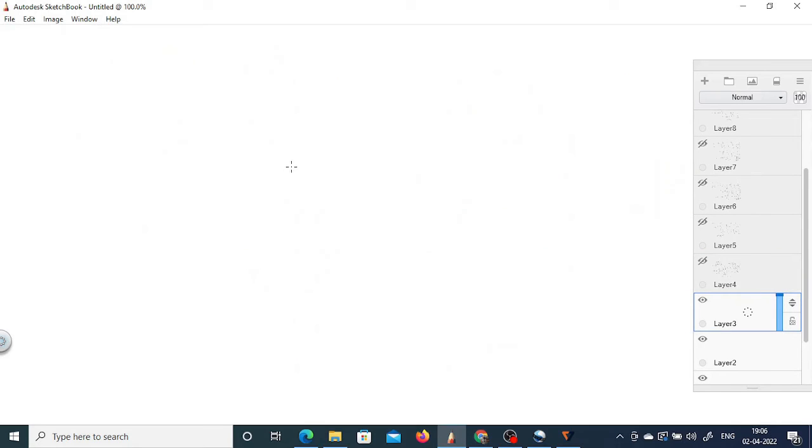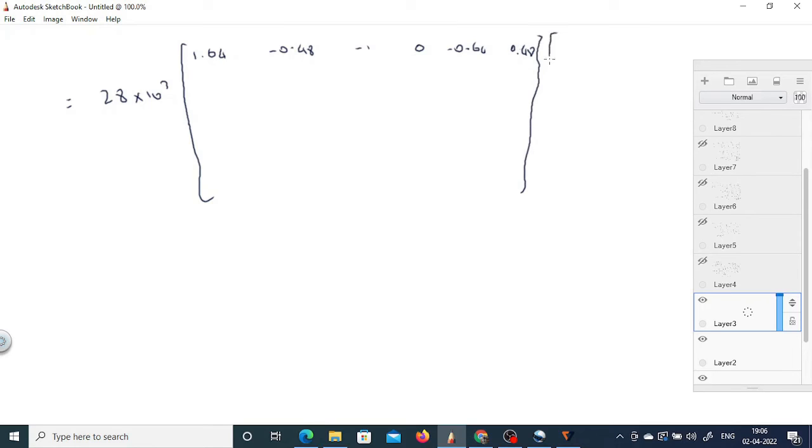How do I collect the data from the previous slide? So 28 into 10 cube into the matrix. I collect the information from the previous slide: 1.64, minus 0.48, minus 1, 0, minus 0.64, 0.48, into u1, u2 only available, other terms are 0.